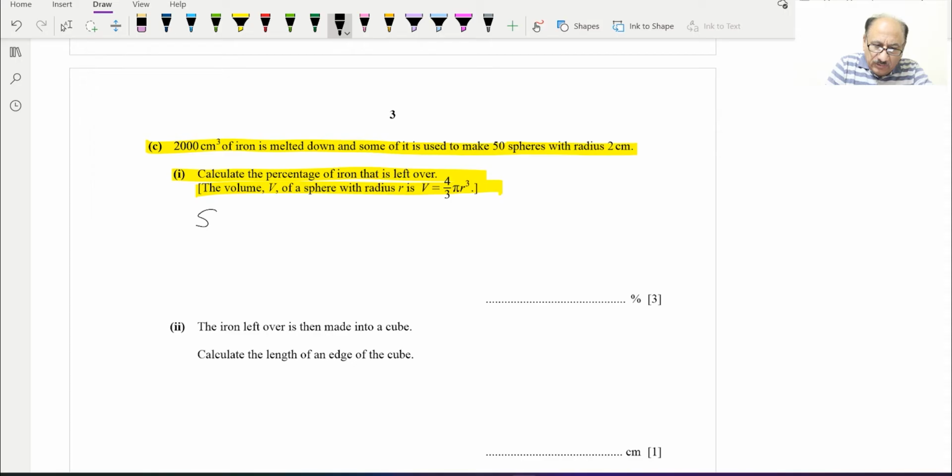So for 50 spheres, using the volume formula, this will be 4 by 3 pi r cubed. R is 2 centimeters, which is provided, so 2 cubed.